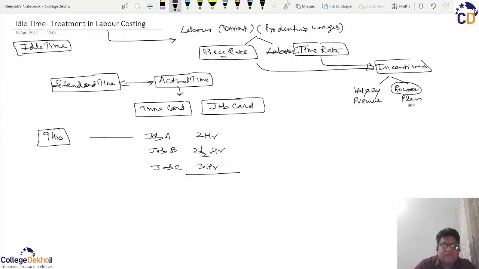So what we are seeing here is that there is a record of only 7.5 hours for the worker. Our question is that he is being paid for 9 hours on a particular day, but the measurable output is only 7.5 hours, so where are the balance 1.5 hours going? Because that is a cost to the factory.